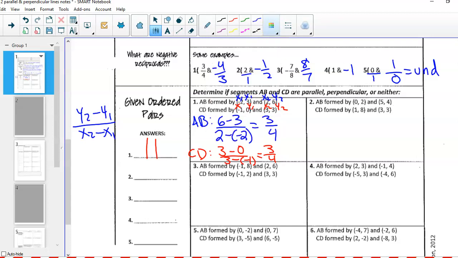Alright, same thing with number 2. We need to find two different slopes. I'm going to go through them, label them again. X1, Y1, X2, Y2. And this is going to be 4 minus 2 over 5 minus 0. What's the slope of AB? 2/5.